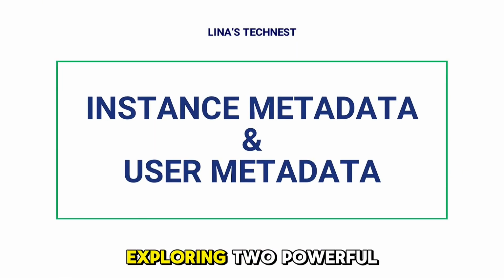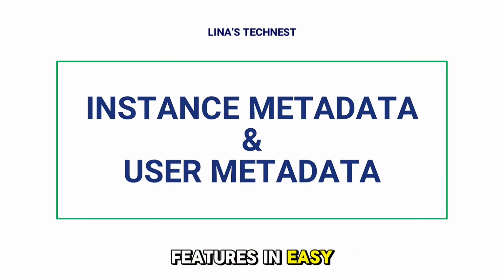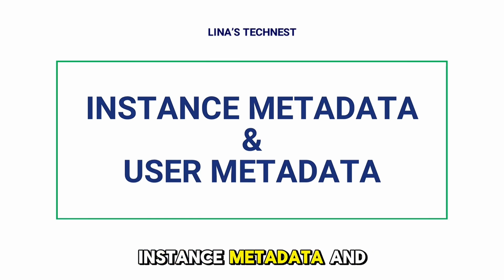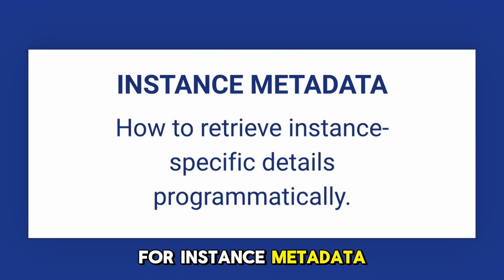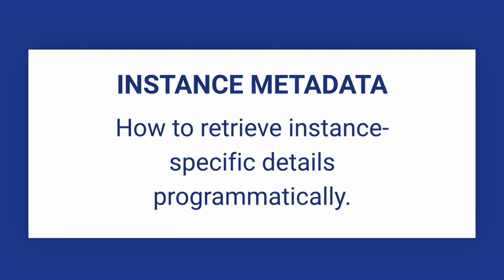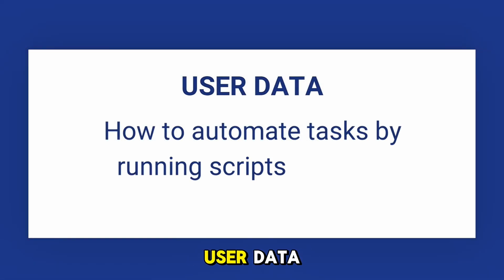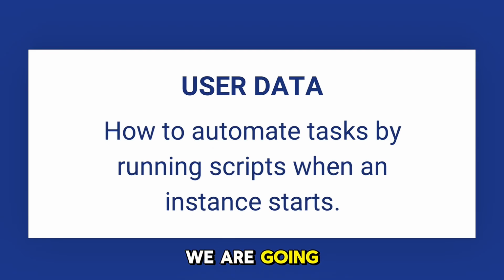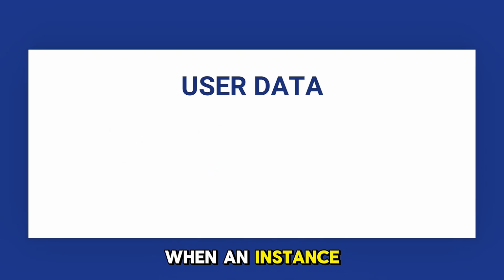Today we are exploring two powerful features in EC2: instance metadata and user data. For instance metadata, we are going to study how to retrieve instance-specific details programmatically. And for user data, we are going to study how to automate tasks by running scripts when an instance starts.